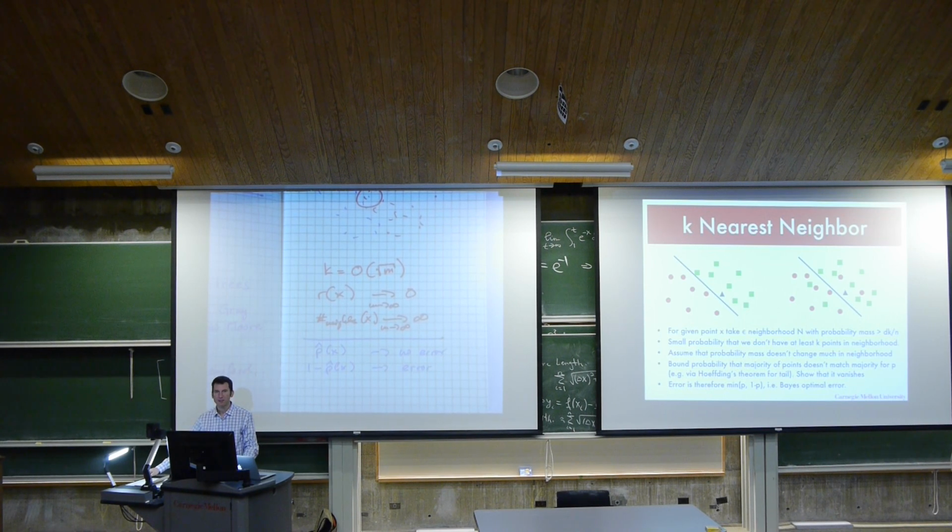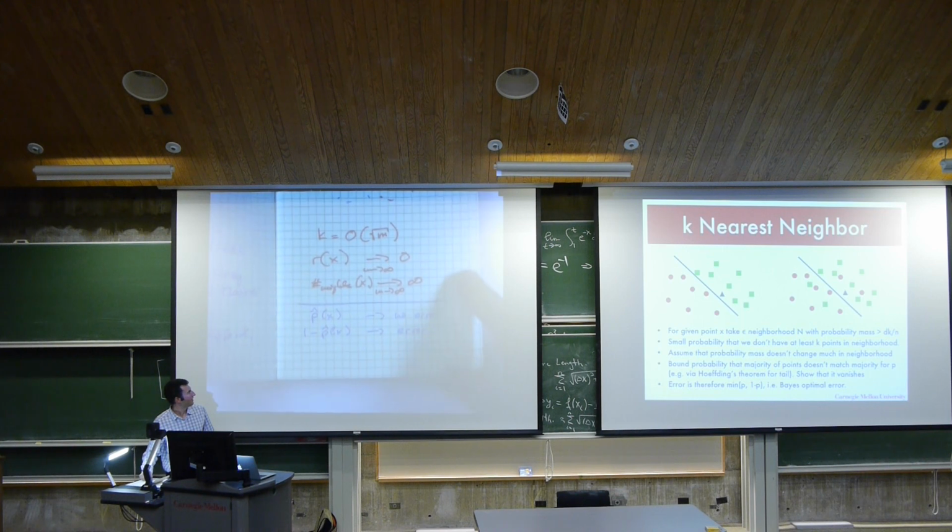Okay. Any questions? What does the third line say? The third line is this: the number of neighbors for a given point goes to infinity as the sample size goes to infinity. So this is basically k.